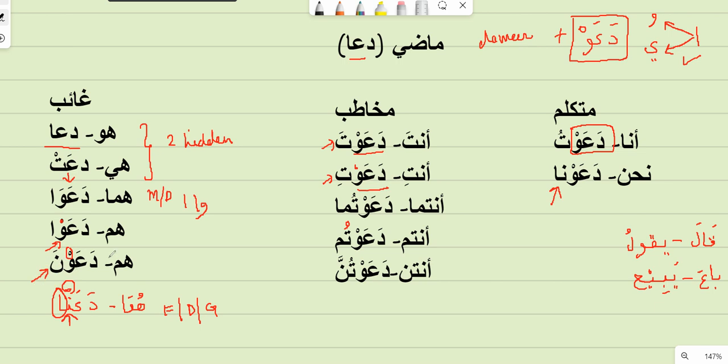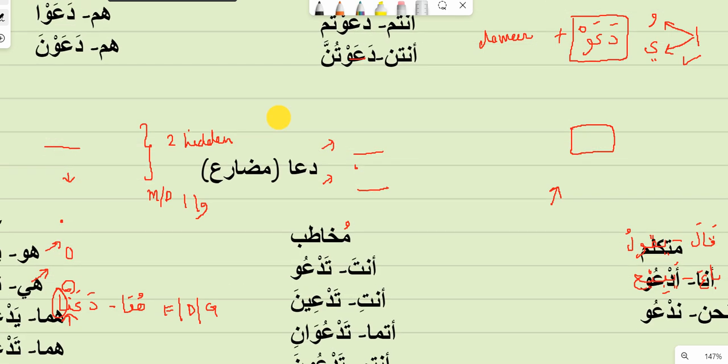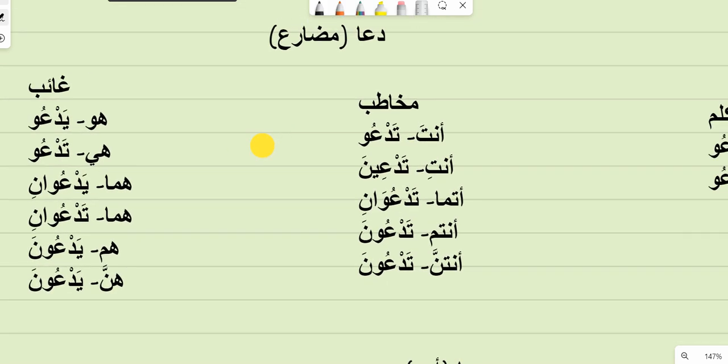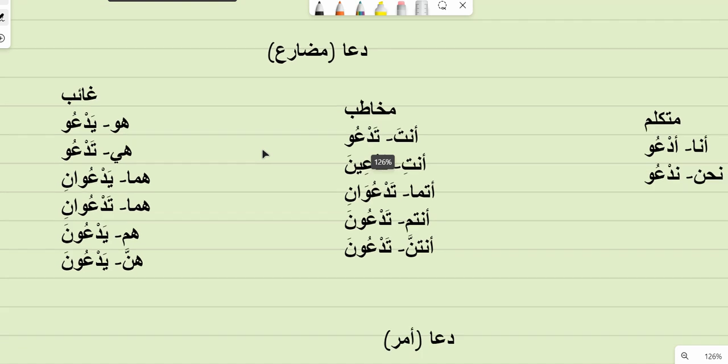So it's easy now. So now let's see the present tense of da'a. Let me just clear everything. Now here you can see for mutakallim, with the harf anaitu, it's attached with alif.